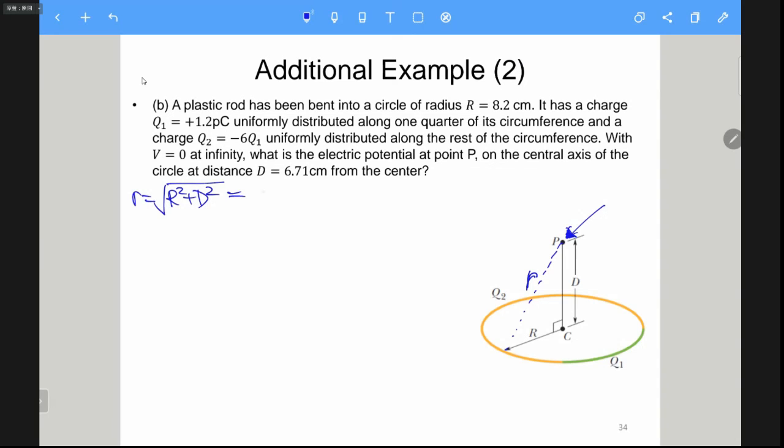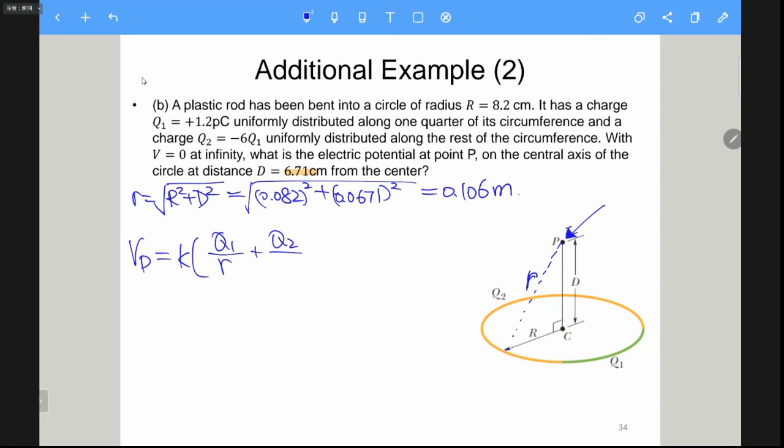So R is 0.082 square plus D, which is this one, 6.71, 0.0671 quantity square, and then take the square root. Equals 0.106 meter.